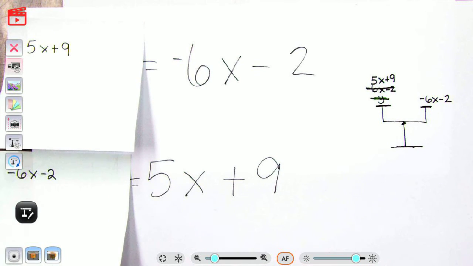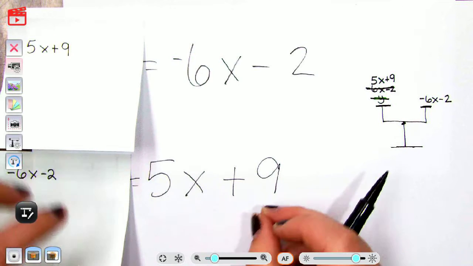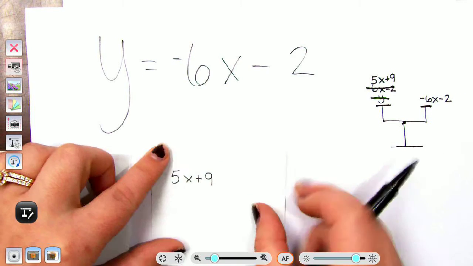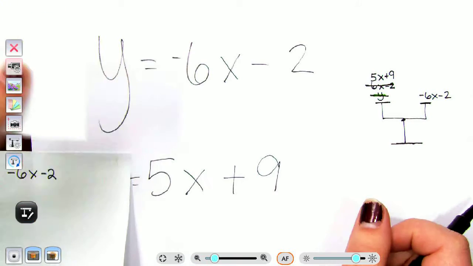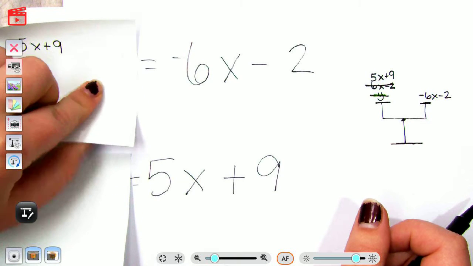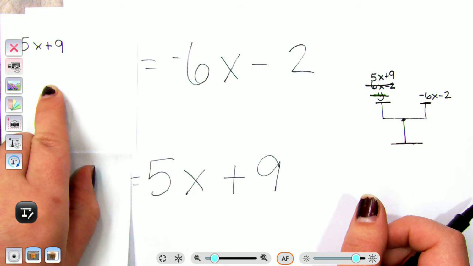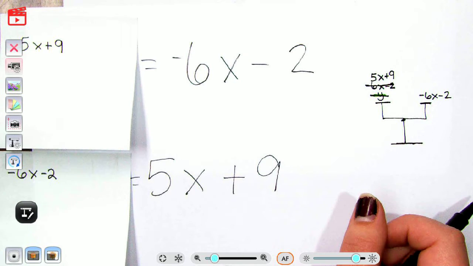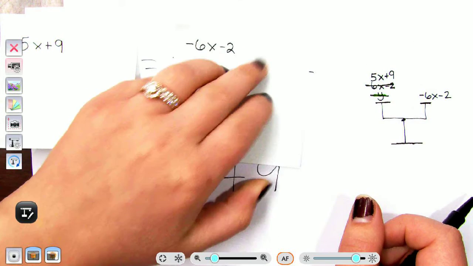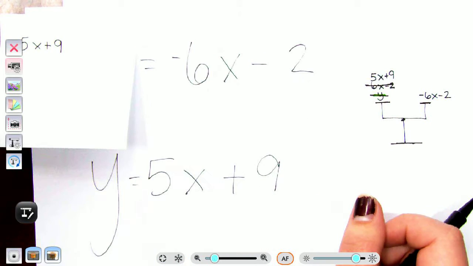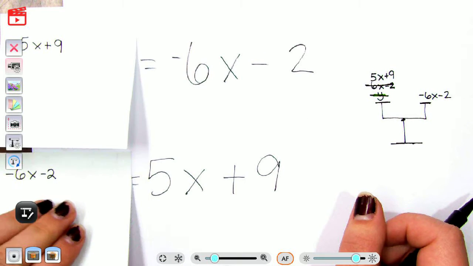So when we are substituting, we are going to be taking our 5x plus 9 and substituting, replacing the y with 5x plus 9. Or you can take your negative 6x minus 2 and replace the bottom y with negative 6x minus 2.